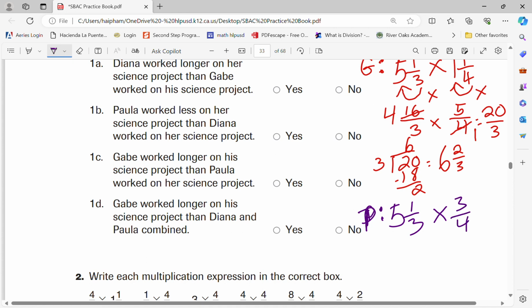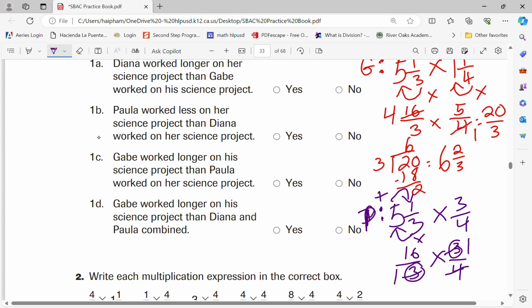Once again, step 1 is to convert your mixed numbers into an improper fraction so you can multiply. Looking at the problem above, we already know that's going to give me 16 over 3. Let's multiply that by this fraction here. Step 2, multiply and cross cancel if you feel comfortable doing so. I notice the 3's are across from one another. Let's make that 1.